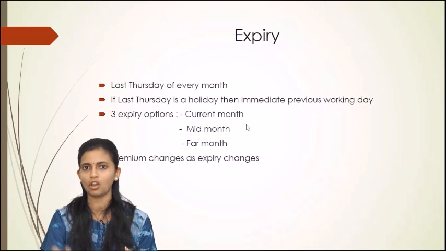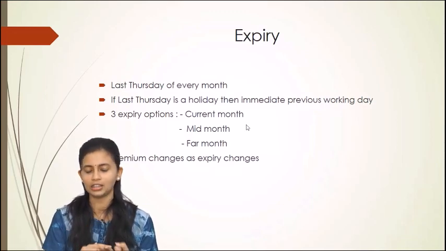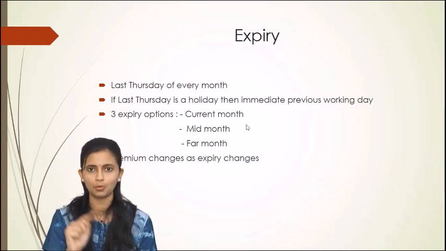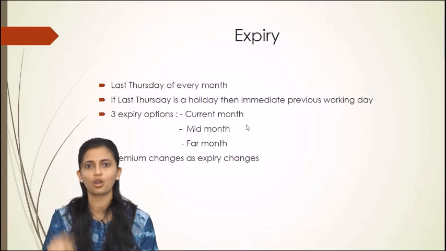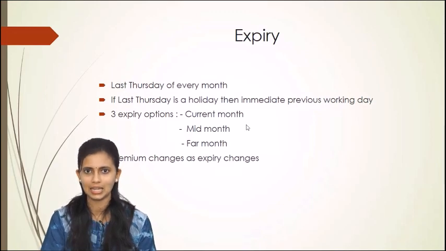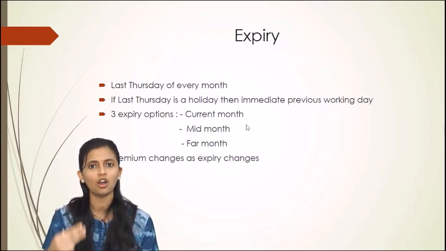Okay, say you take a call option at strike price 1300. Then the 1300 call is shown as CE in the portal. CE refers to call, PE refers to put. So in the portal, if you search 1300 CE, then you will have 3 options there.